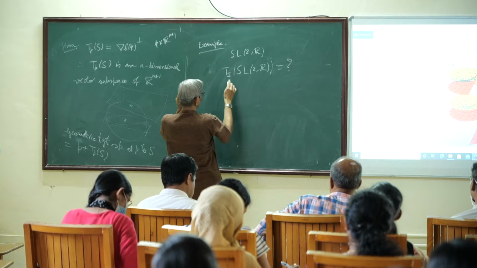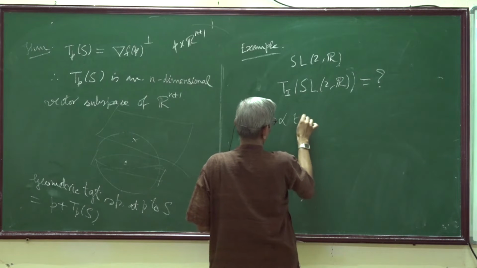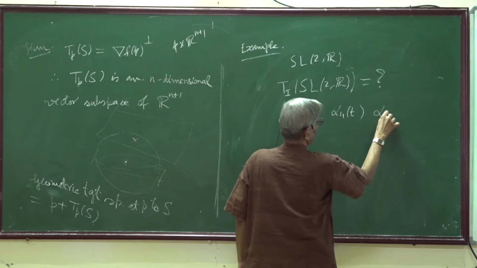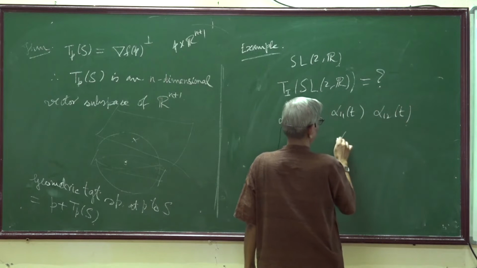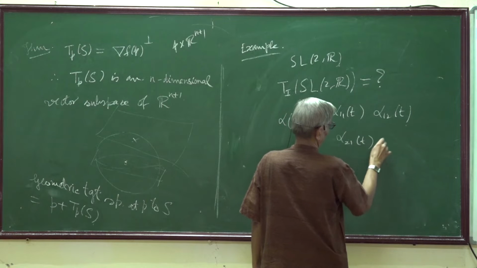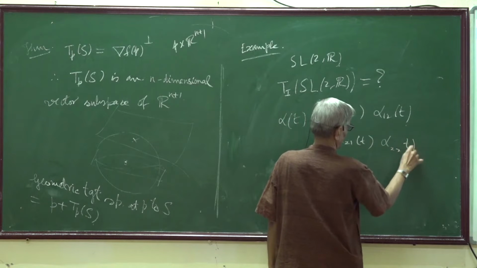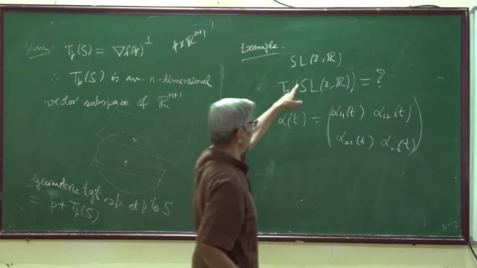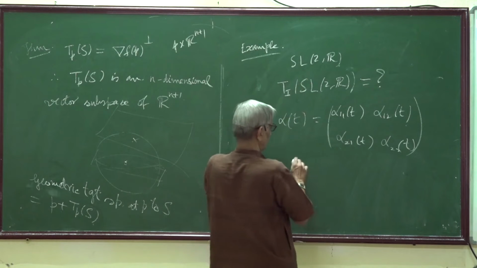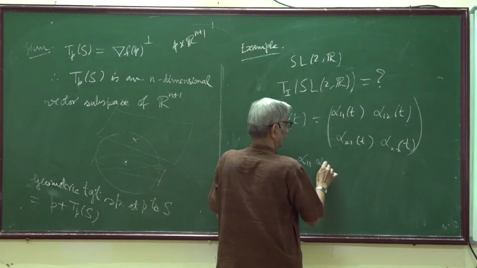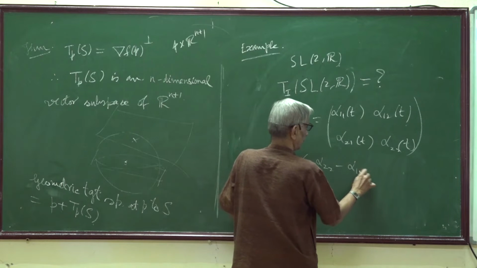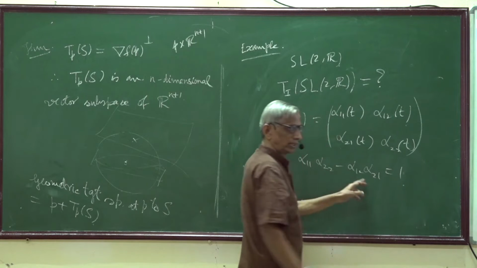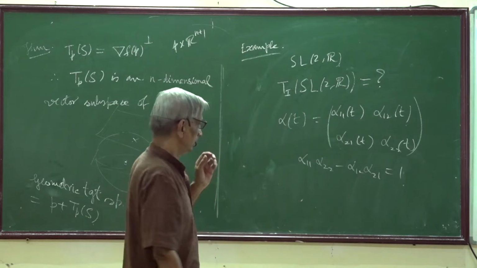The curve in SL2 is of the form where the components are these, okay? And with the determinant condition, alpha 1 1 alpha 2 2 minus alpha 1 2 alpha 2 1 equal to 1 at every point, for all t, right?